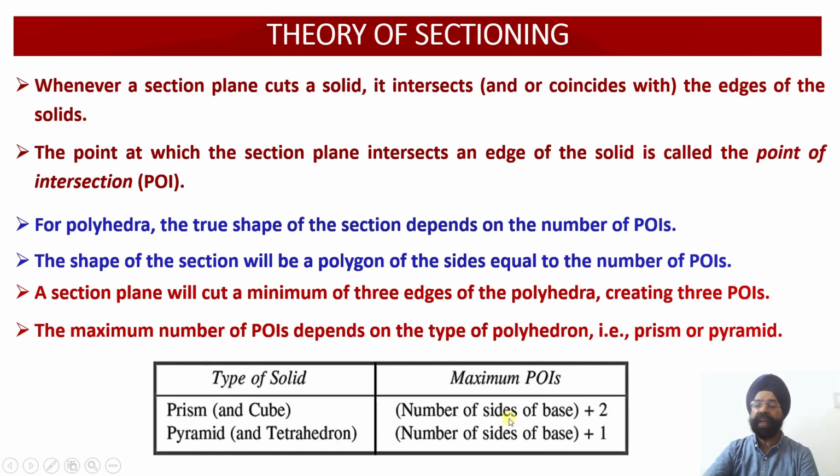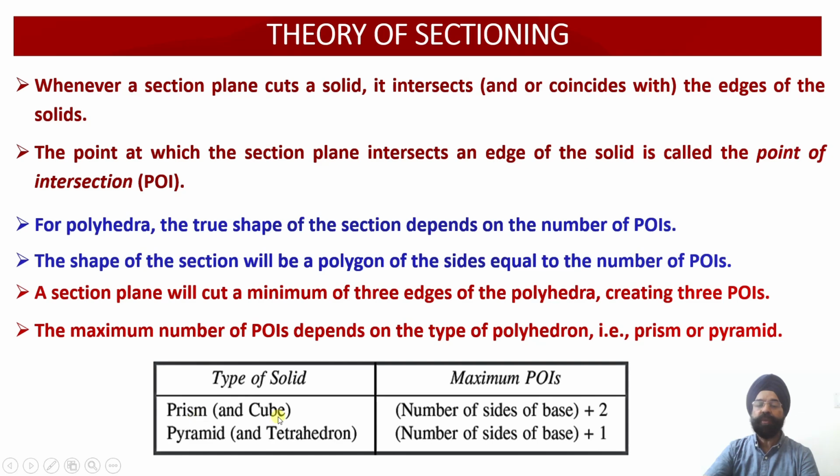Usually in 80 or 85% of the cases, the number of POIs will be equal to the number of base edges. But in 10 to 15% of cases, the maximum number of POIs can be n plus 1 or n plus 2. I will be showing you with the help of examples how we can obtain a larger number of POIs compared to the number of sides of the base.